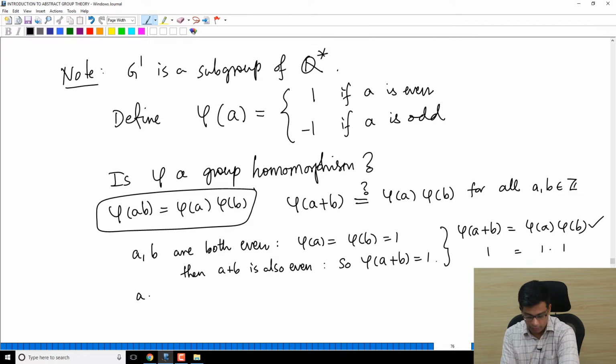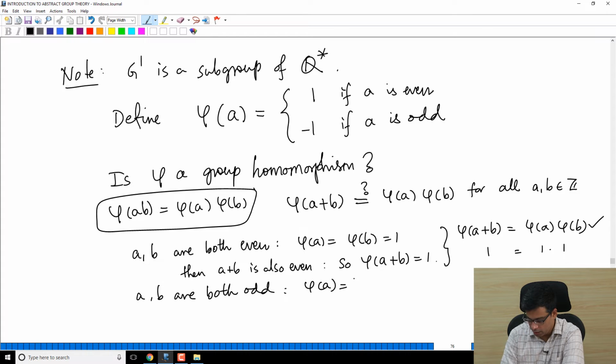On the other hand, if A and B are both odd, then what do we have? Then phi of A and phi of B are both minus 1. But if A and B are both odd, what is A plus B? The sum of two odd numbers is even. So A plus B is even.